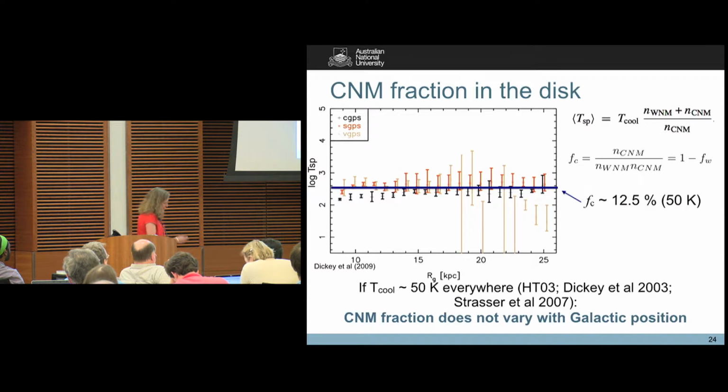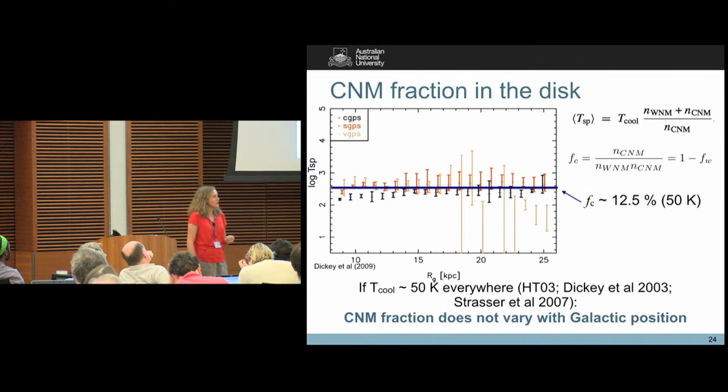From this, we can infer a bit about the cold neutral medium fraction in the disk. Here we're looking at the log of the spin temperature, which you can relate via your handy dandy equations to the cold fraction, and it is pretty much flat from 8 kiloparsecs out to 25 kiloparsecs.